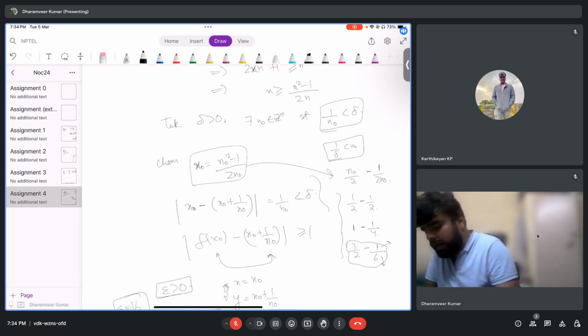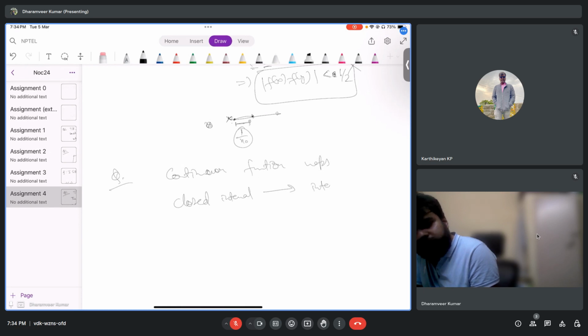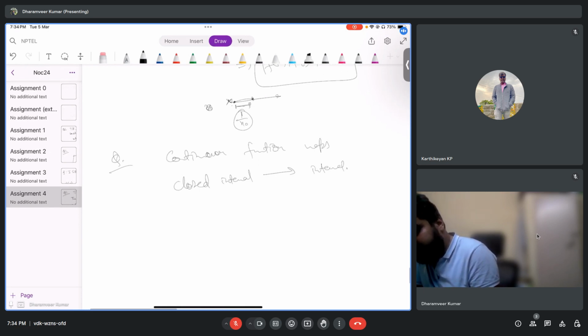I want to show you one example of this question, of closed interval to interval, closed interval.